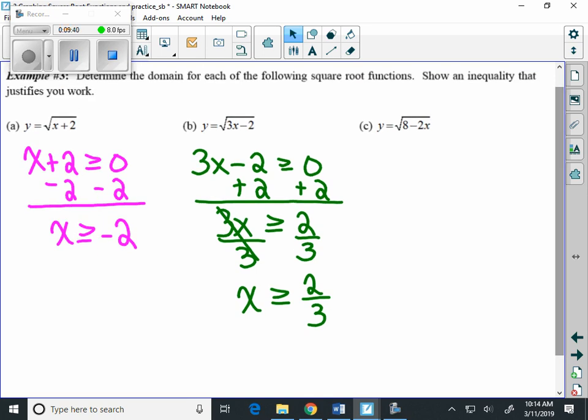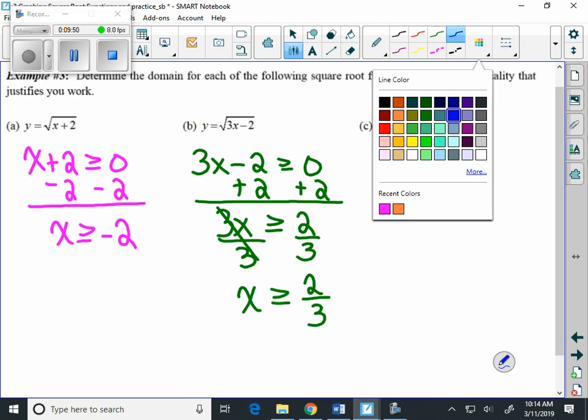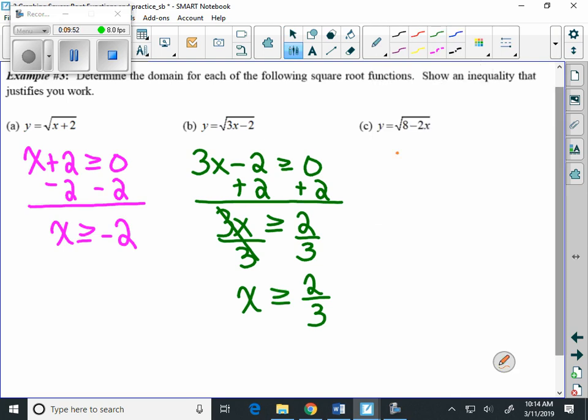Once again, calculating the domain algebraically, we take the value underneath the radical, and only the value underneath the radical, and we solve it. Solve it the way your Algebra 1 teacher taught you to solve it.